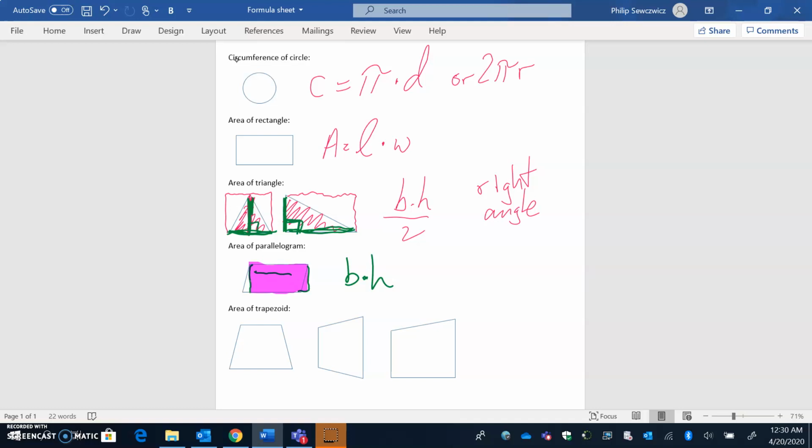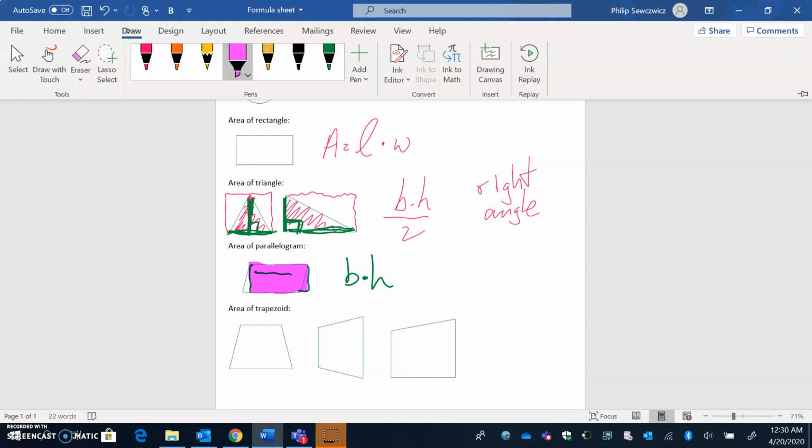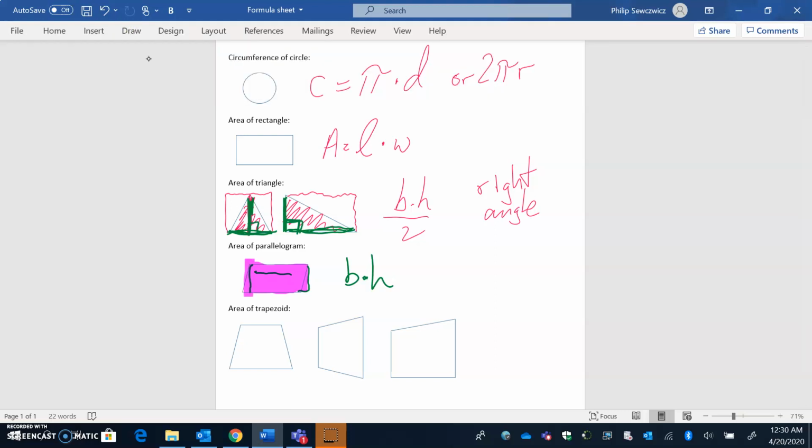So what you can see is, back in the original measurements, that the base and the height meet at the right angle. So there's your height that we're dealing with.